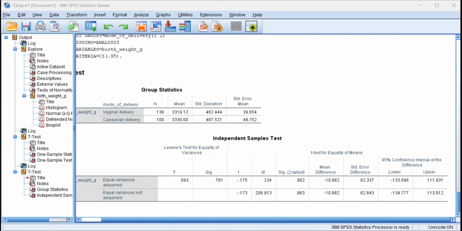You know what variance is, right? The degree in which the data spread across the mean, from the middle value. So they're assuming that the data spread almost the same way for the two groups. Okay, so they have roughly the same level of variability. Then equal variance not assumed is just the opposite.